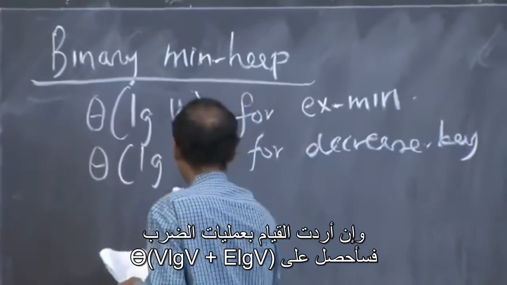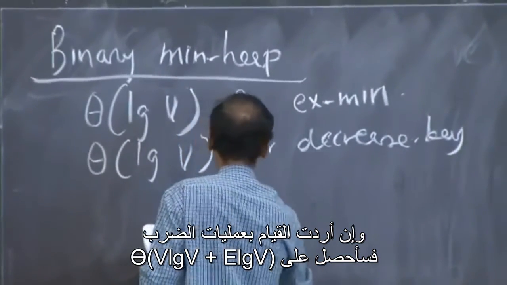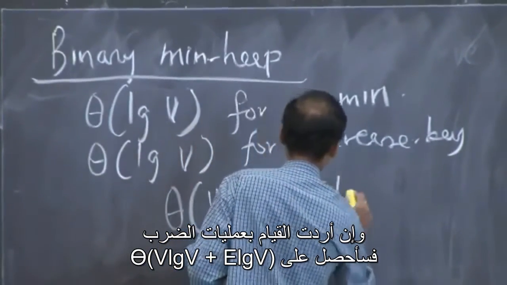And if I go do the multiplication again, I get V log V plus E log V.